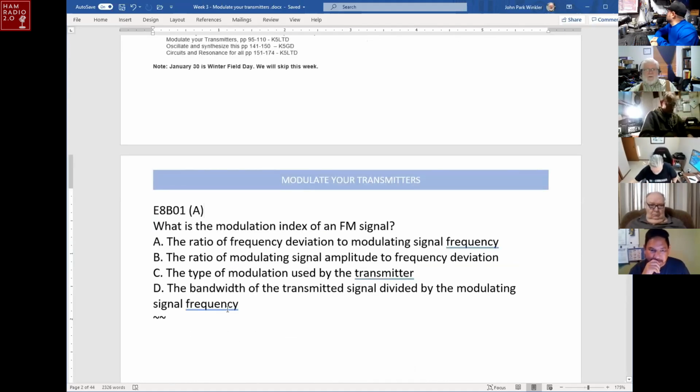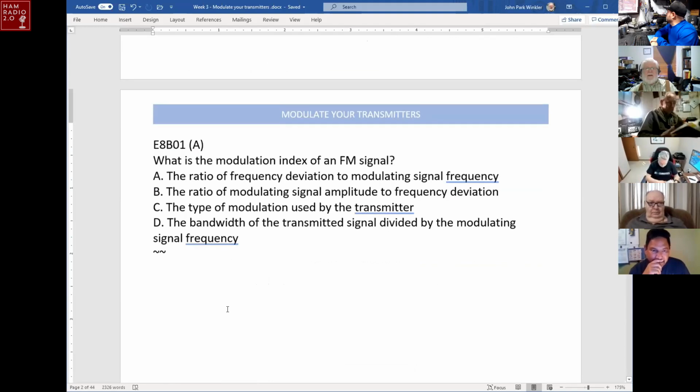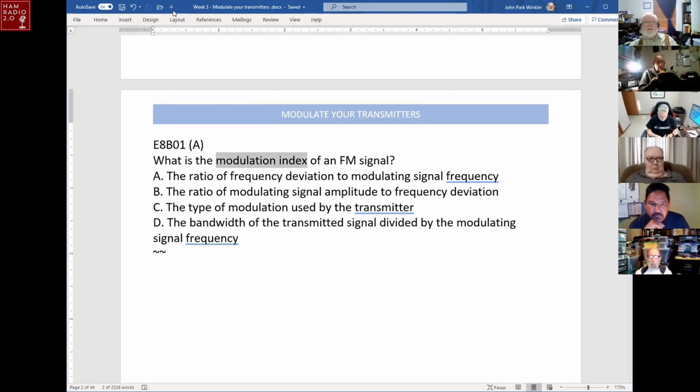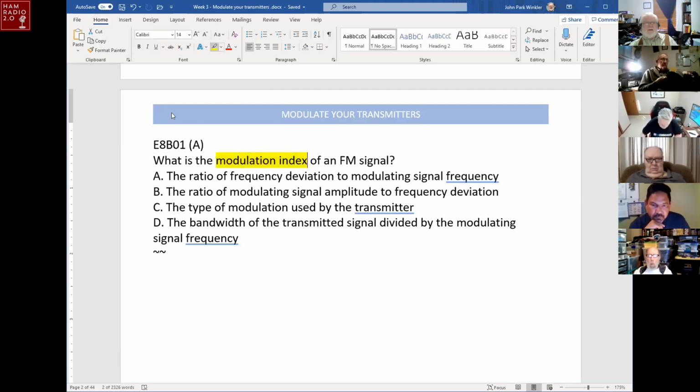There are some terms here that we're going to deal with. One is Modulation Index, and this first question deals with the definition of Modulation Index. And another one we're going to deal with is frequency deviation.